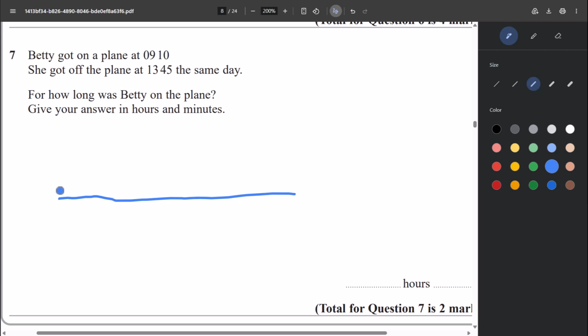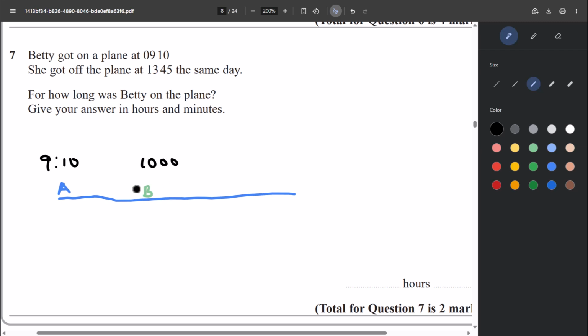So this is where Betty was, and she got on the plane at that time, 9:10. And I'm going to take this to the nearest hour, which will be about 10.